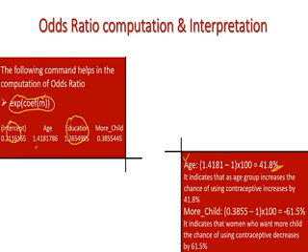If you remember, there were 4 age groups, coded as 1, 2, 3, 4. It means that as age group increases, from one group to another, the chance of using contraceptive increases by 41.8% over the previous one.